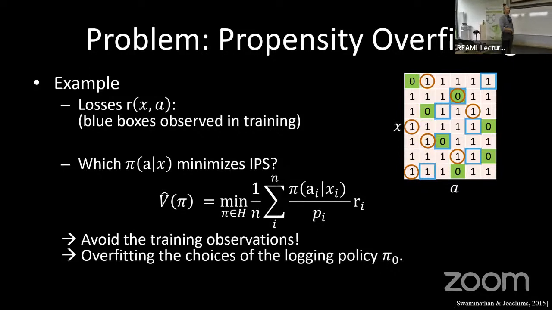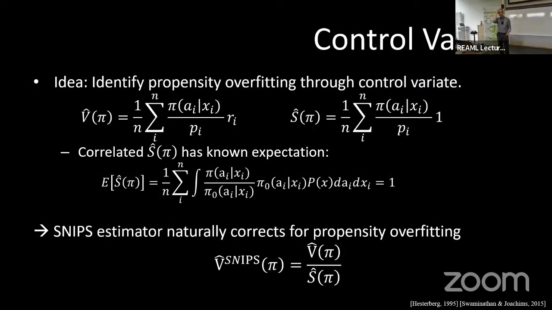So how are we going to deal with that? Fortunately, this one is easy to detect. Normally, overfitting is harder to detect, but here there is a very easy diagnostic that you can do. Up on the left, that's the IPS estimate with the reward at the end. On the right, this S term, that's what we call a control variate.